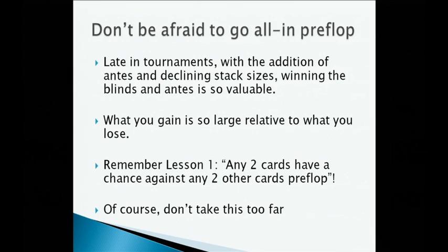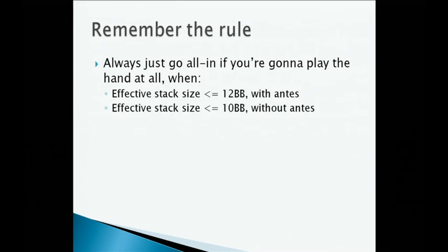But the thing to remember essentially is, late in the tournament, the antes and blinds are so big, and if you can win the blinds by going all in, that's such a large gain relative to what you risk. And also just any 2 cards have a chance against any other 2 pre-flop. So what was the rule I said? The rule I said in the first class is, when the effective stack size is less than 12 big blinds, when there's antes, then just go all in if you're going to play the hand at all.